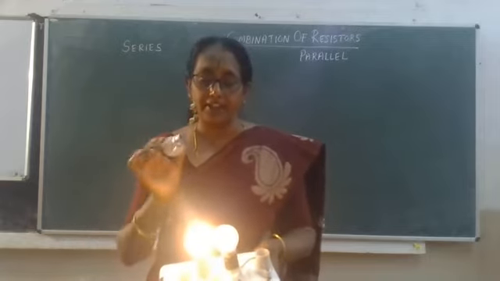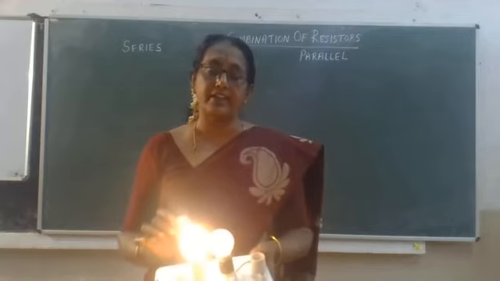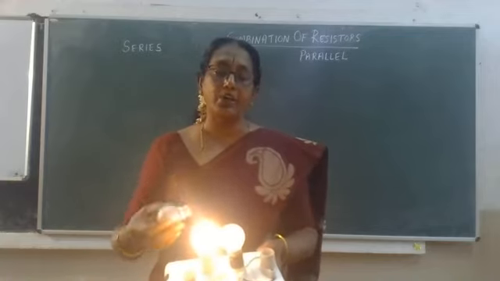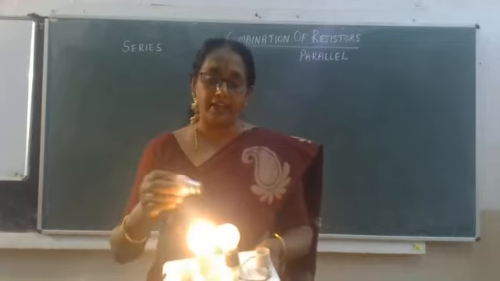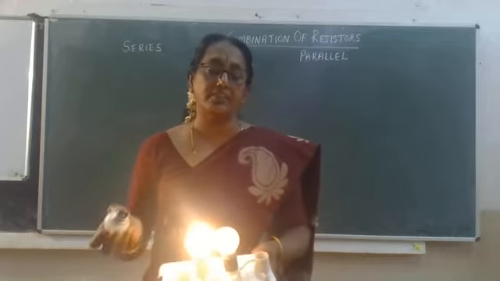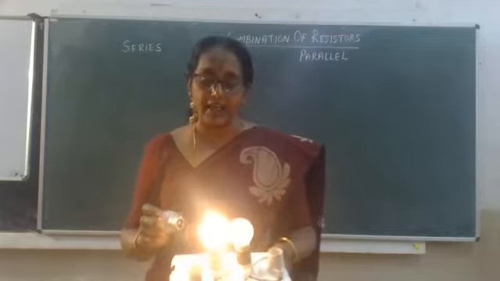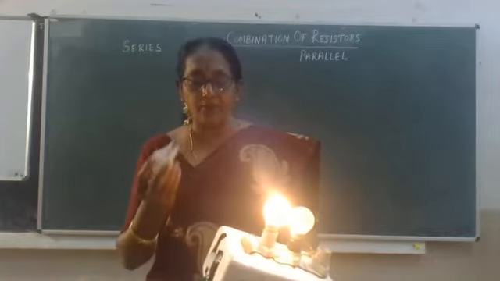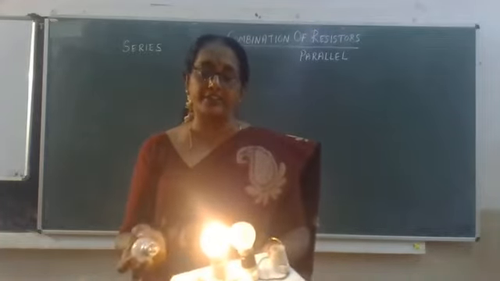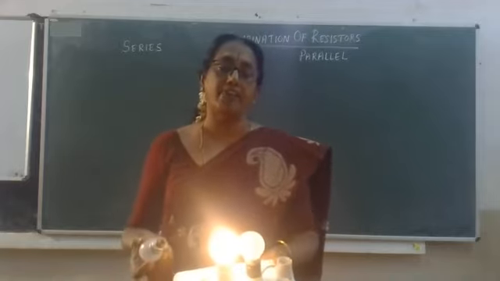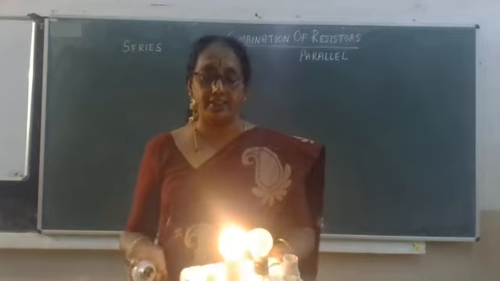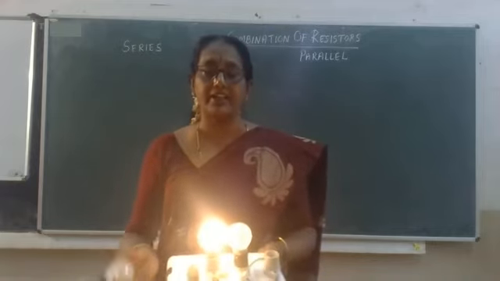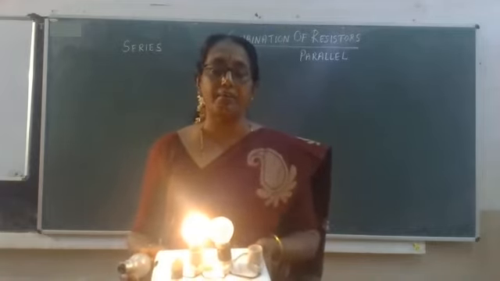According to the capacity or power of the device, the current can be divided, and it will be glowing with its maximum capacity. If one faulty device is in the circuit, that will not affect the functioning of the remaining devices. That is an added advantage. So all the household electric connections will be in parallel.